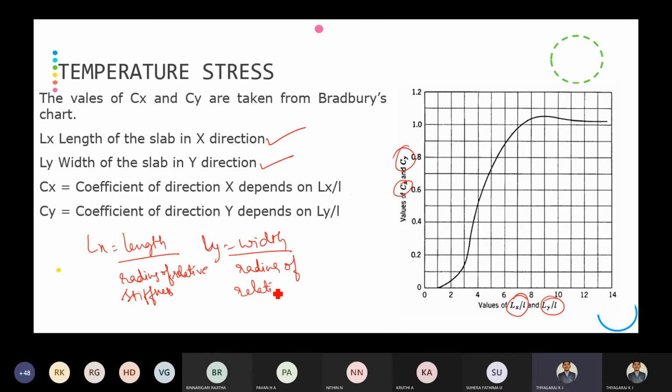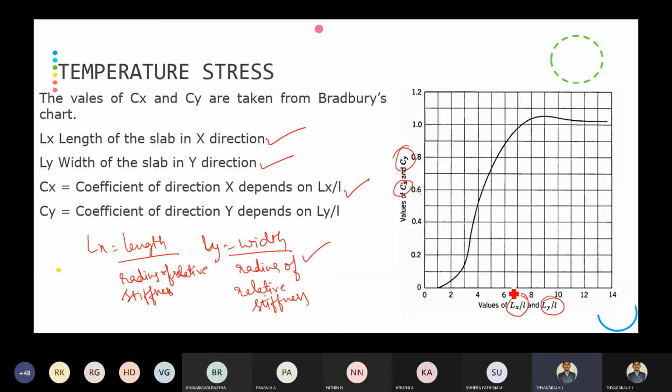Remember, Cx depends on Lx by L, and Cy depends on Ly by L. So for the corresponding Lx by L value, we are going to get Cx.